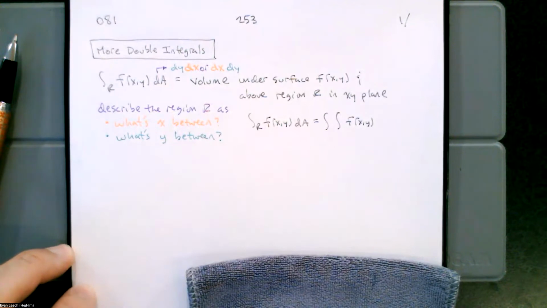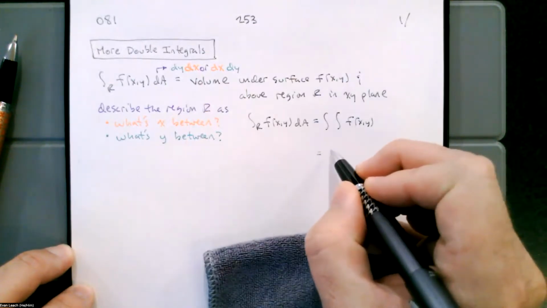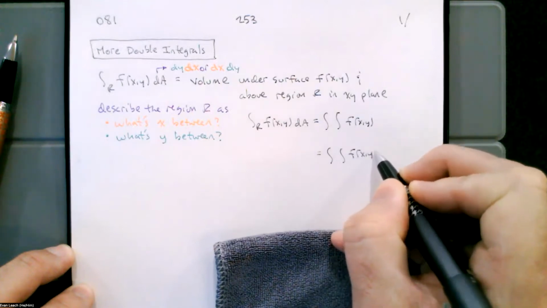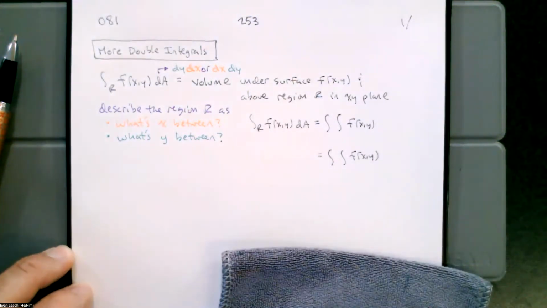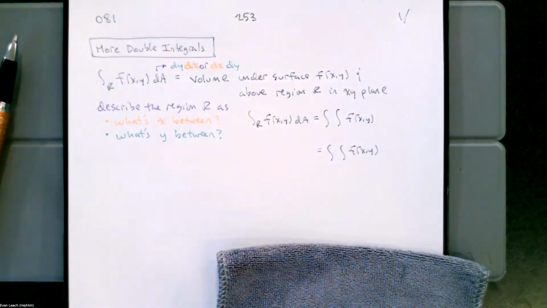And because this is math class and we're trying to learn a thing, we have to do both. We get to describe the region as what's x between and what's y between.